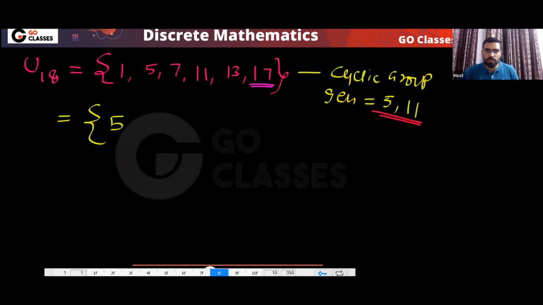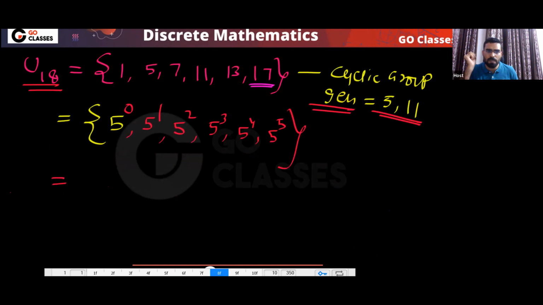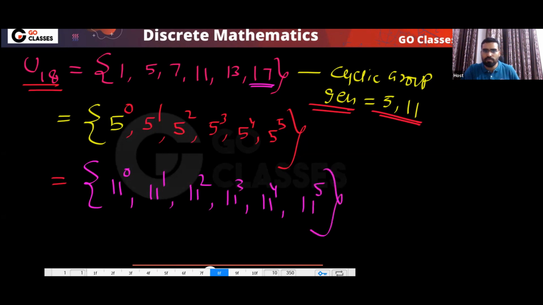Now you can notice, because it is a cyclic group and these are generators, I have another way. I can also write this cyclic group as 5 power 0, 5 power 1, 5 power 2, 5 power 3, 5 power 4, and 5 power 5. These two things are the same. You can check it out. And I can also write it like this: 11 power 0, 11 power 1, 11 power 2, 11 power 3, 11 power 4, 11 power 5.